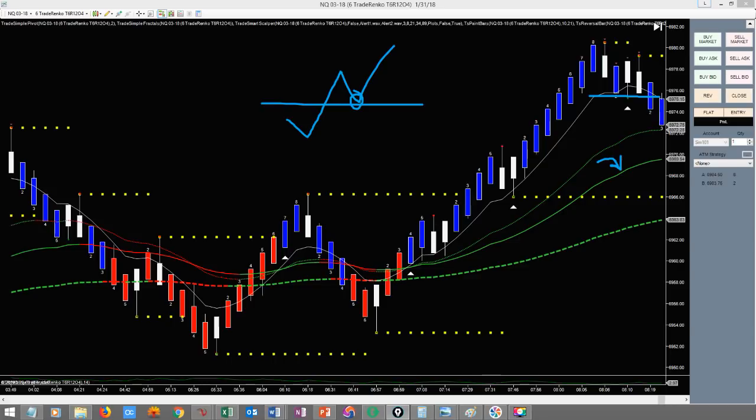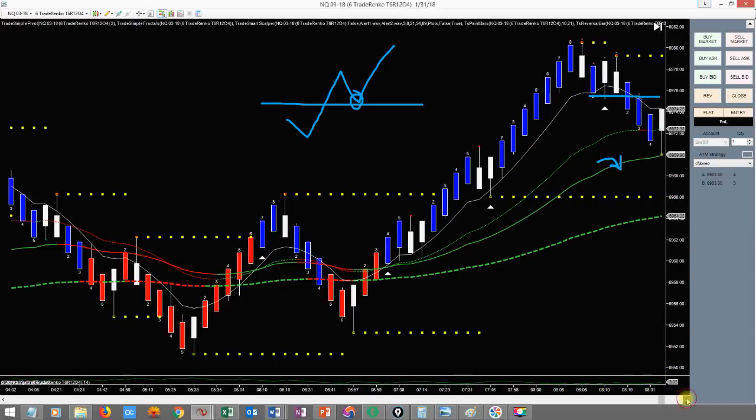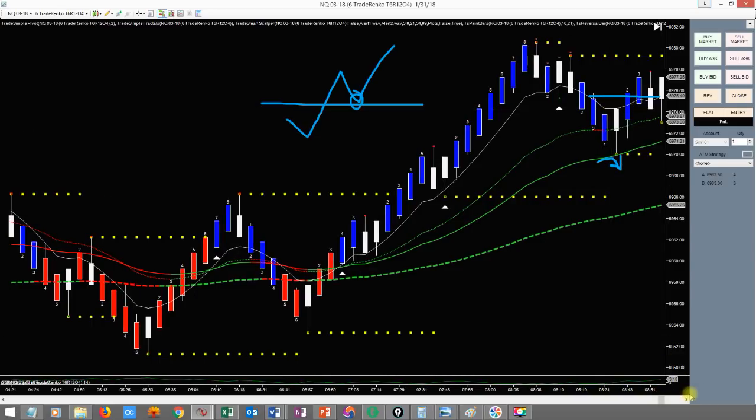Okay, now this touched the solid line here, so this is technically a trade that you could have taken. But this is more risky because I would expect it to come and retrace a little bit more. And considering that it's hit broken support, I wouldn't have taken this trade. And that trade would have won anyway.